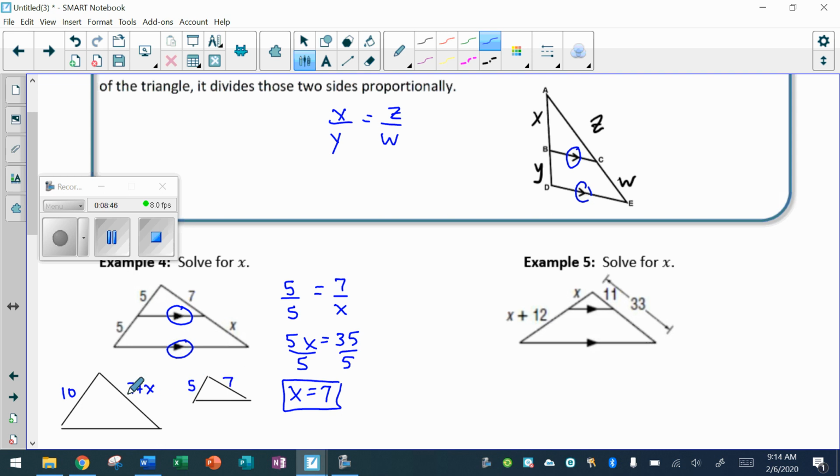Does it matter if I do it using two similar triangles? Nope, that doesn't matter. I can use these two triangles and say 10 is to 5 as 7 plus x is to 7. I'm going to get the same answer.